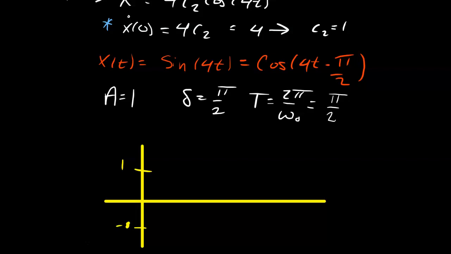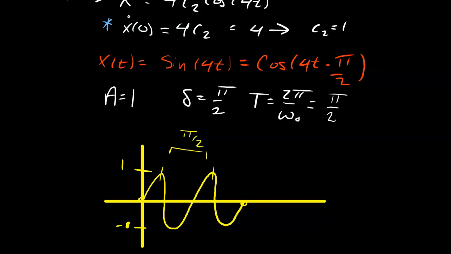So in this case, you would notice that our picture looks something like this. I'll draw two periods here. And say this is a mark to a mark, that's going to be a distance of pi halves.